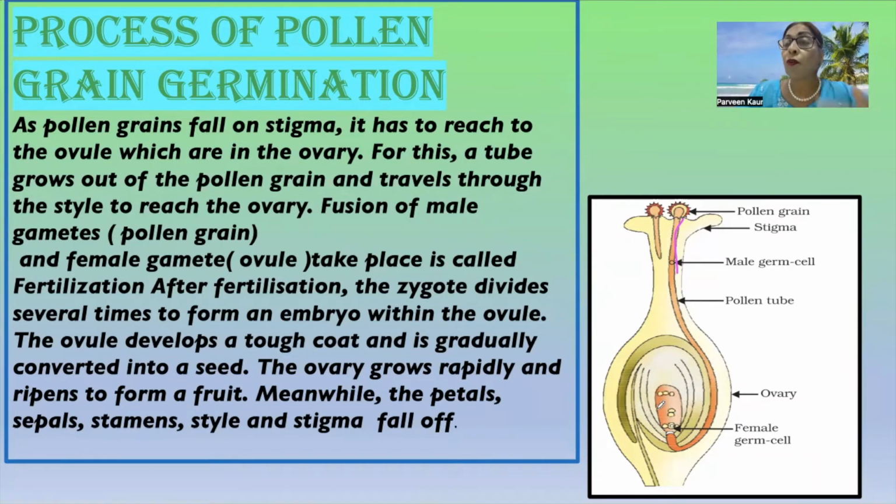Later on the ovule becomes hard and forms the seed, and the ripened ovary is converted into fruit. While all this process is going on, the petals, sepals, stamen, style and stigma fall off.